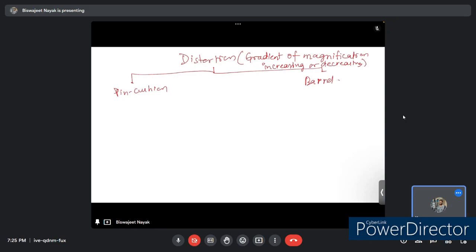So here the image will look like this, and for barrel it will look like a barrel. That's why it is called barrel distortion.